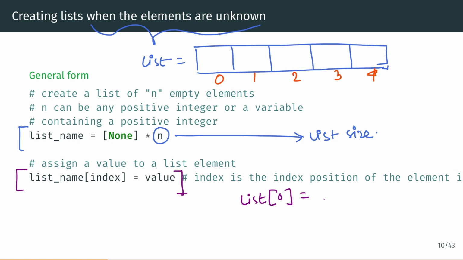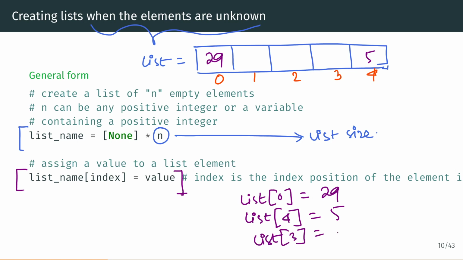Let's say you want to store ages. You say list[0] equals 29. At that point, this one will store 29, and the rest would still be empty. Then you might say list[4] equals 5, so this one will have 5. Then list[3] equals 50, and this will have 50.